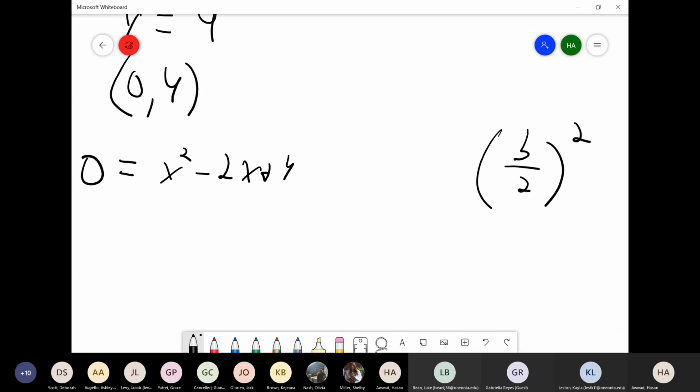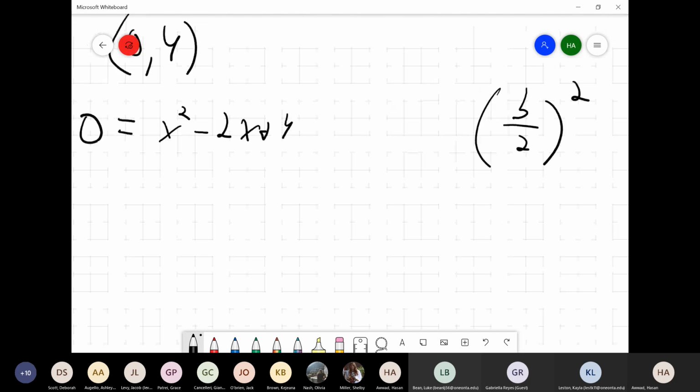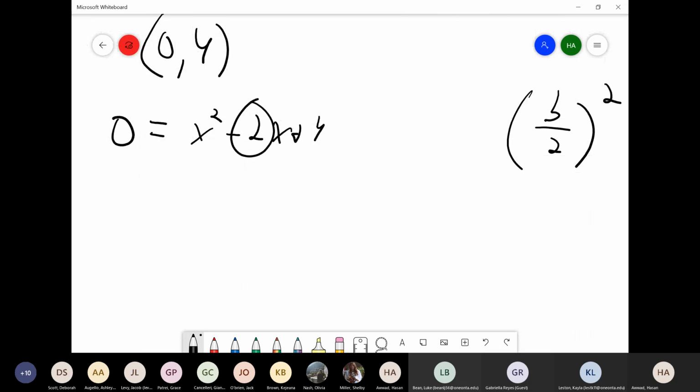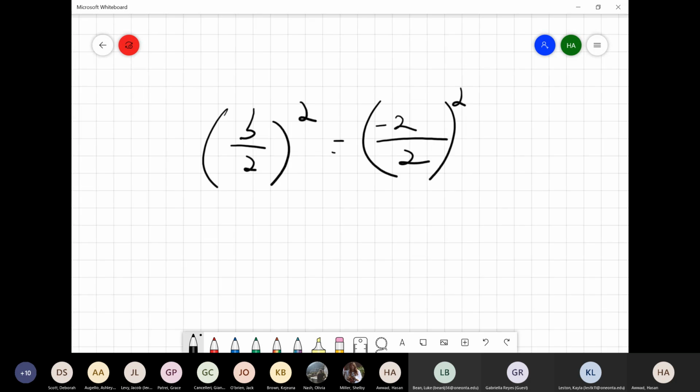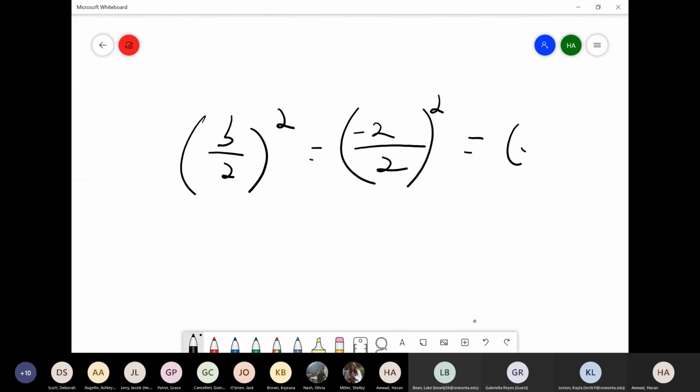Yeah, that's always my tool for completing the square, right? So my b in this case is -2. That means I'm going to be plugging in -2 over 2 squared. And this simplifies to give me -1 squared, which is just 1.